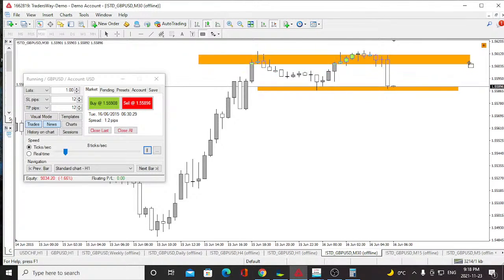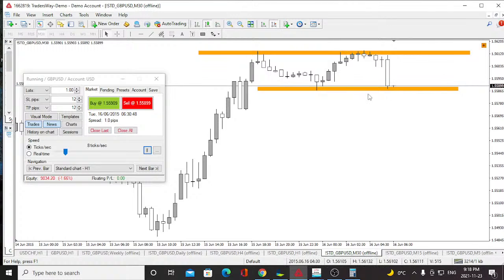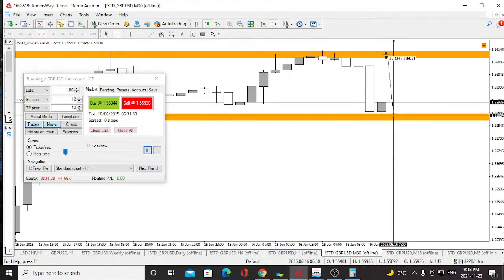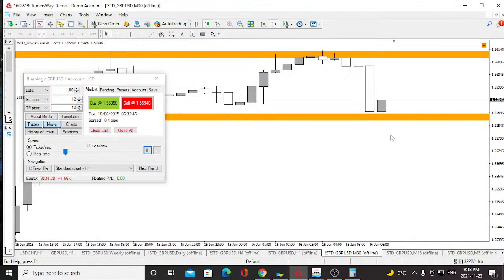We will see, but that's just what it looks like. And if that happens, I'm pretty sure I'm gonna take a buy. But then you ask yourself, what's your stop loss, right? So your stop loss would have to be right up around here, like 23 pips. It doesn't really make sense.